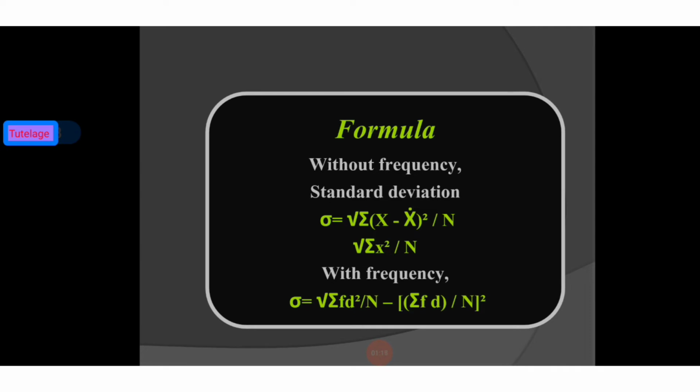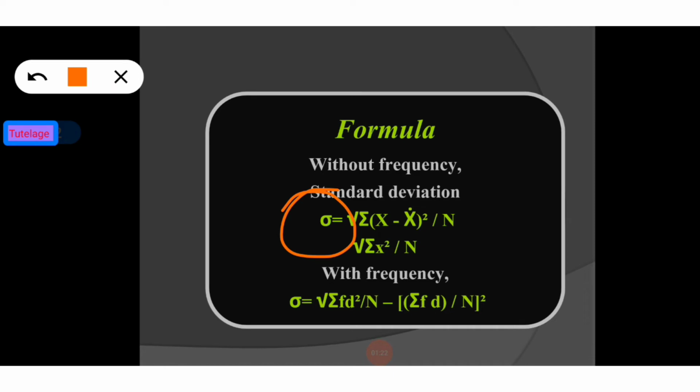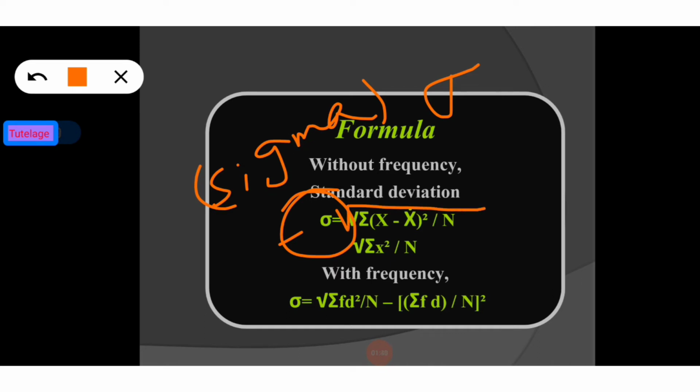For the first formula, for without frequency series, sigma, this is the sign of sigma, and standard deviation is denoted by sigma. Okay, so the first formula: root over summation (x minus x bar) whole square divided by n. Okay, so only the small n, not the capital N, because there is no frequency.